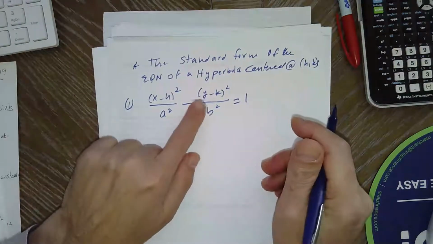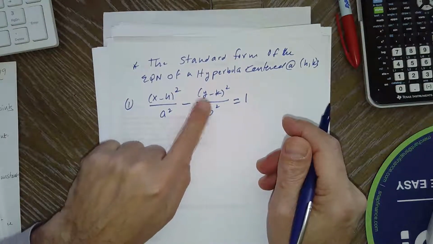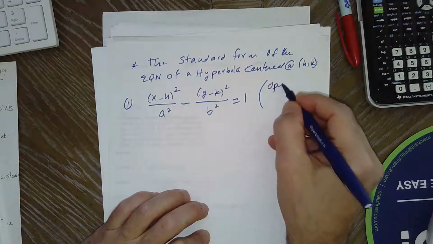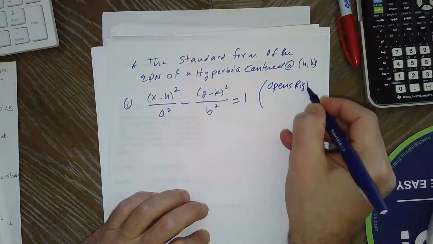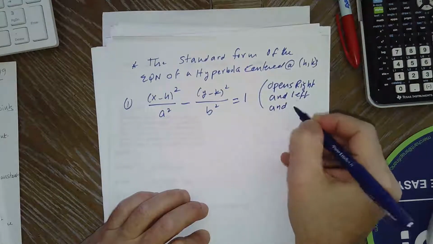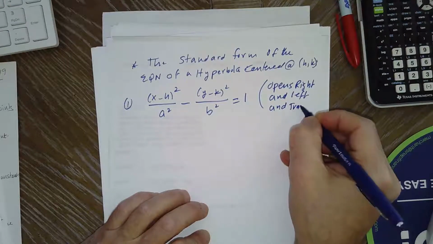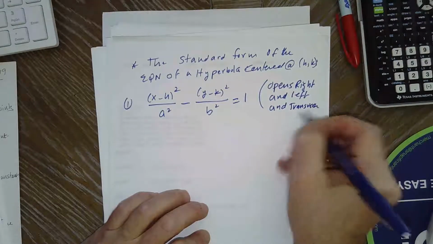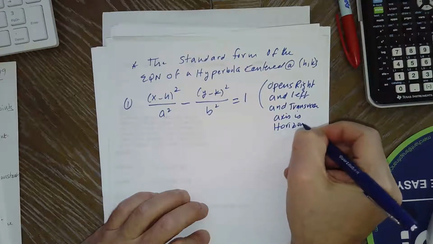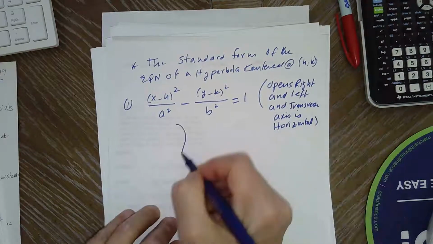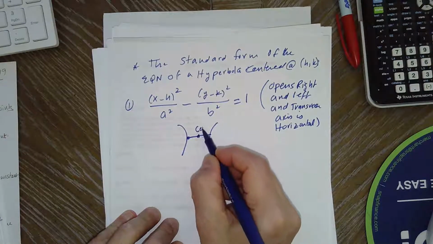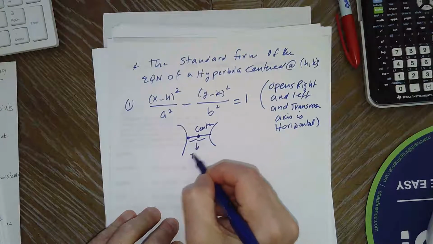If the negative is in front of the y squared term, it opens sideways, right and left, and the transverse axis is horizontal. This is the center, and this is the transverse axis.